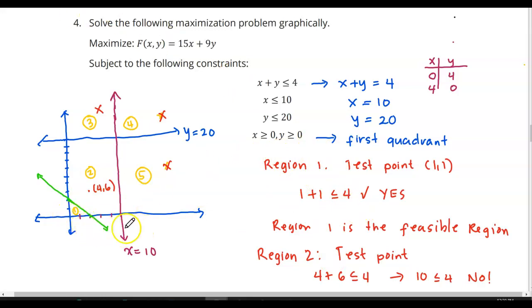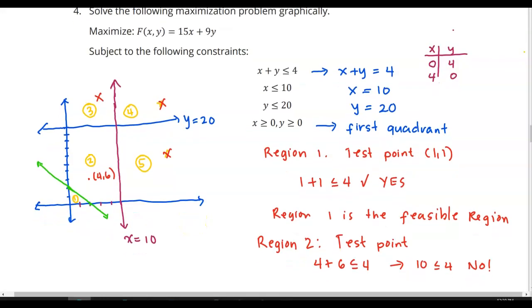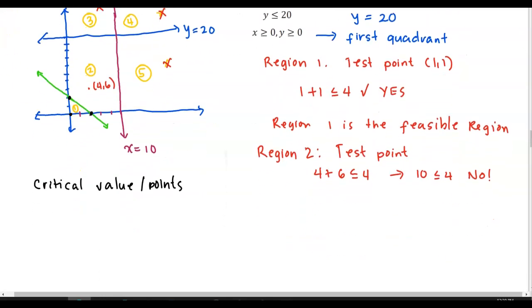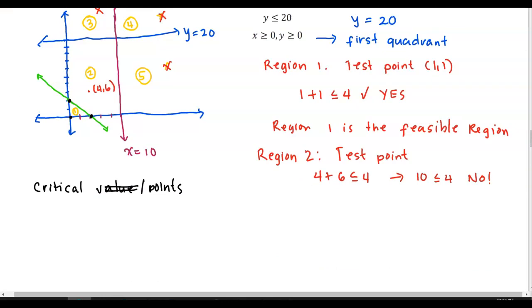So now that we have identified region 1 as our feasible region, the next step is to identify the critical values. The critical values are the endpoints of this feasible region here. So the critical points are the points 0, 0.